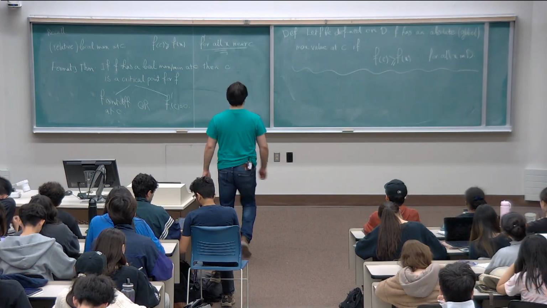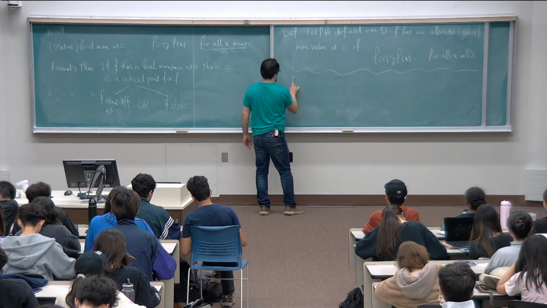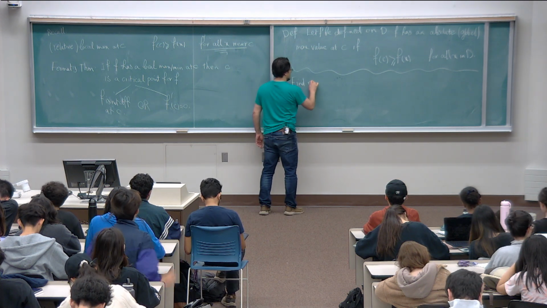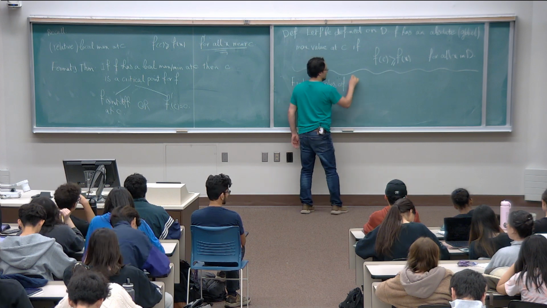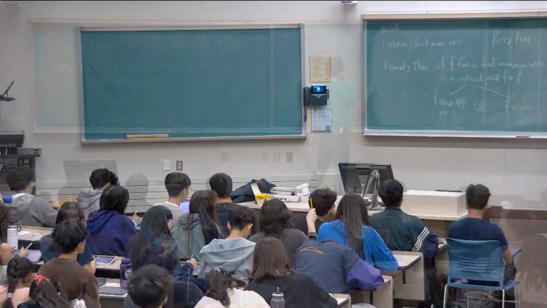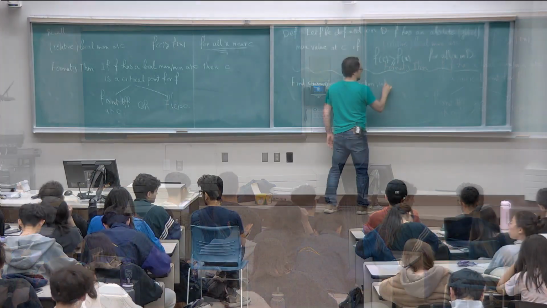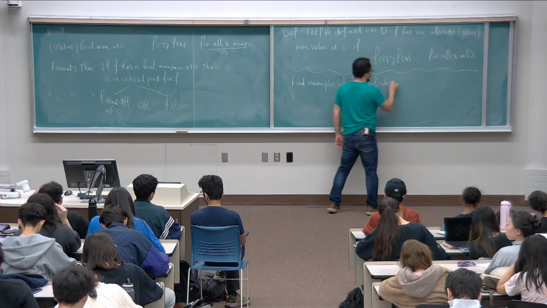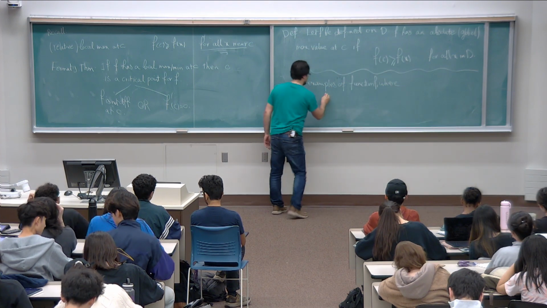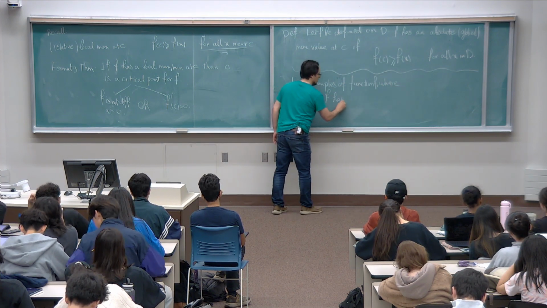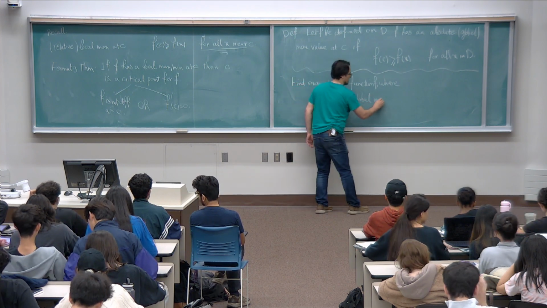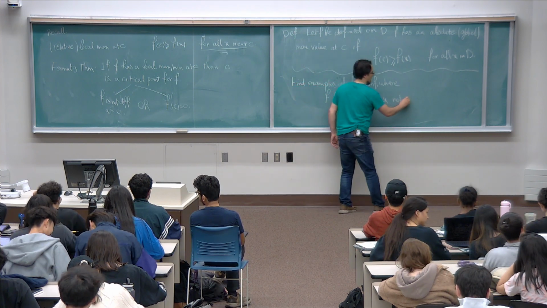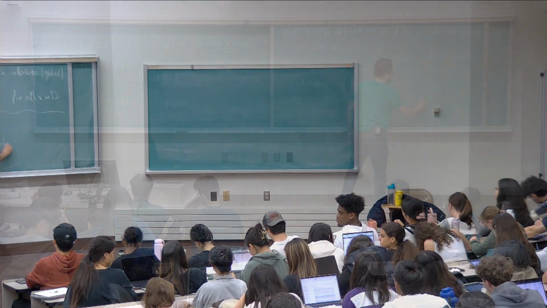So find examples of functions f where, case 1, f has a global or absolute max, not absolute min.